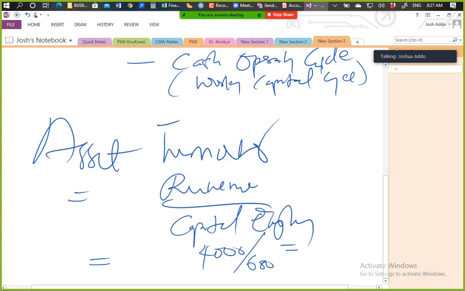So let's say approximately 5.9 times. That's how we report it. It is telling us that our assets generate sales revenue 5.9 times the asset value.